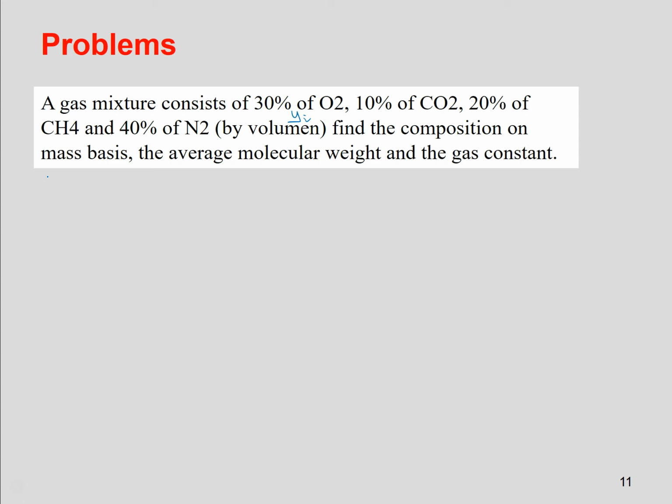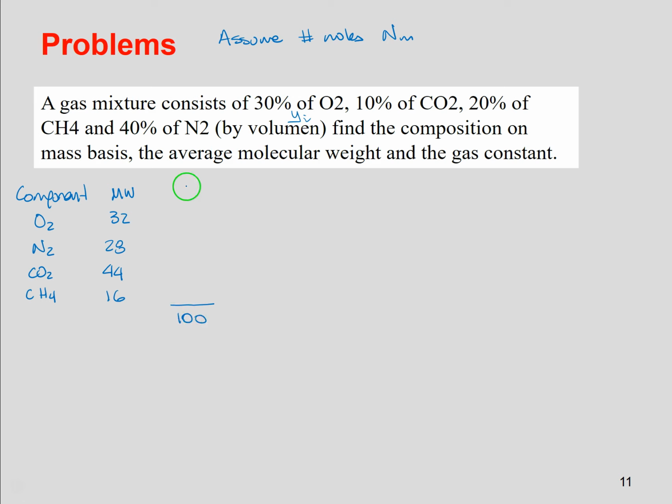So we're going to start with the same approach. We list the components. We're going to add the molecular weight. Now, we don't have the total number of moles. So what we're going to do is assume a number of moles, that is the total number of moles of mixture. For simplicity, we're going to assume that we have 100 moles.